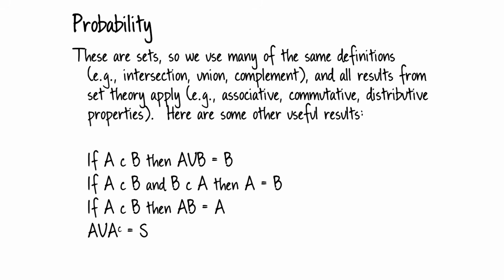And here I'm just going to post some useful results, without much discussion of them. If you've done some set theory or some probability theory, these things should be pretty familiar to you. If an event A is contained in another event B, then the union of those two events is equal to event B. Okay?